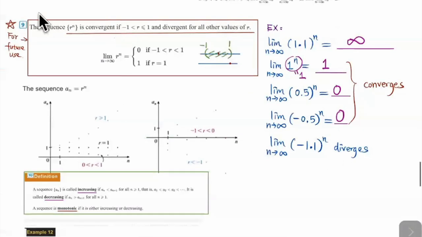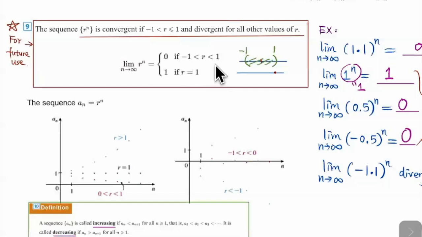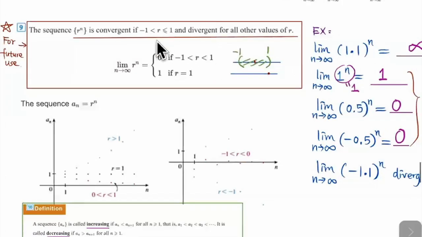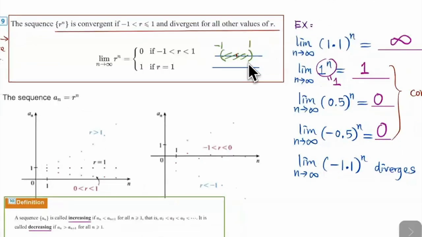So actually, we have a theorem over here. In the past I actually proved this, but right now I'm not going to prove it. So what does it say? This theorem says that for the sequence r to the n, what is this r over here?